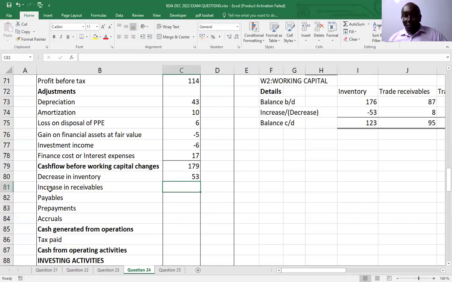In or out? Two people have responded. The others, where are you? Yeah, when receivables are increasing, it is money going out, because it means you are selling but you are not collecting the money. So now that it is going out, we have to make it negative. So equals, you make it negative there because this came out positive, so when it comes there it enters as negative.